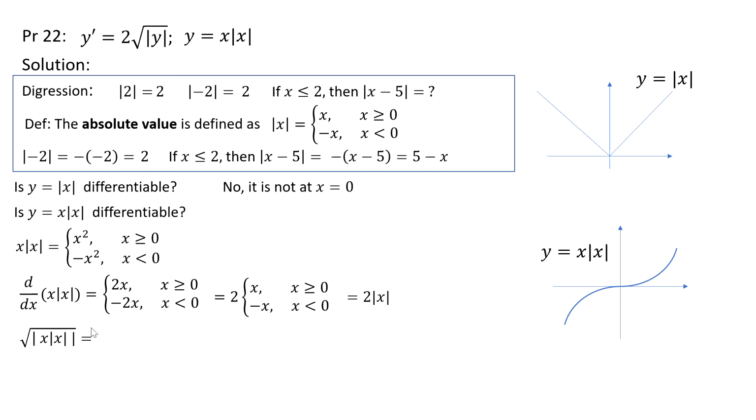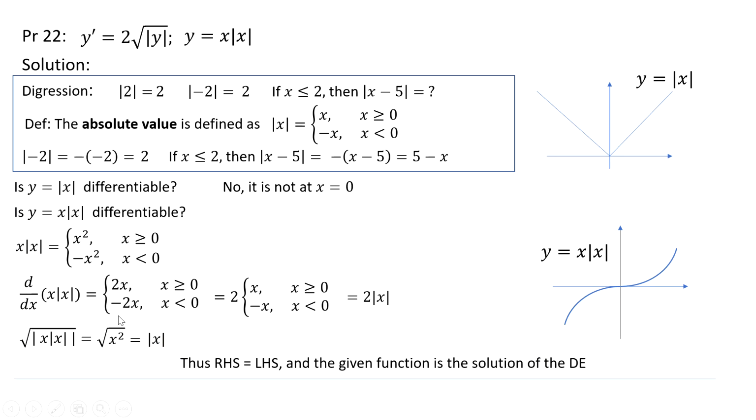Don't tell me plus or minus, and don't tell me x. It's the absolute value of x. Regardless of what x is, positive or negative, the square root of x squared is equal to the absolute value of x.